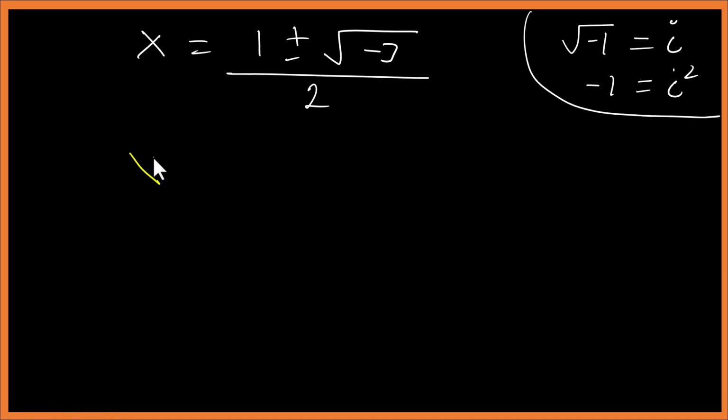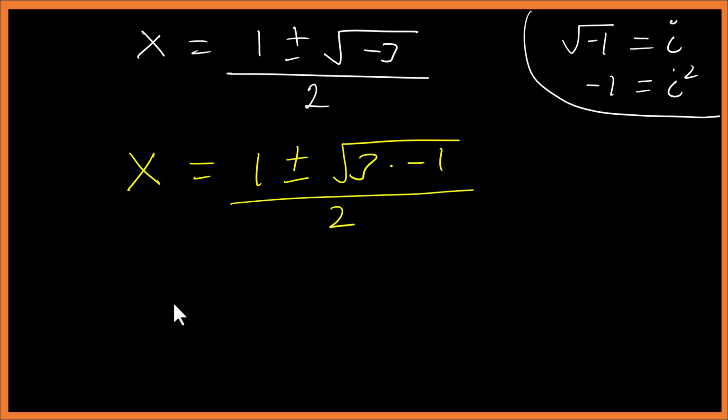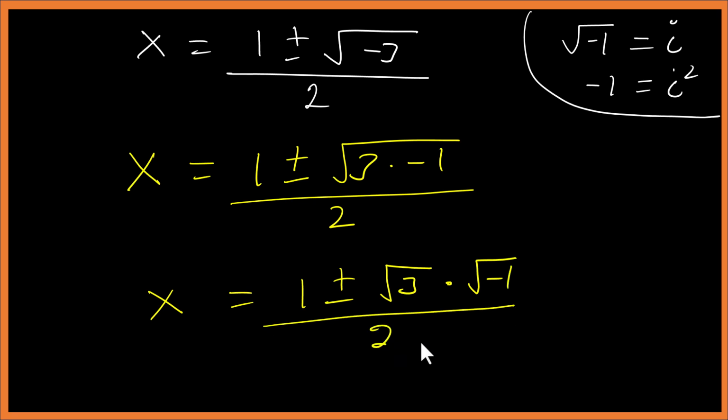So from here, we can write x equals 1 plus or minus the square root of 3 times -1, which makes this 1 plus or minus the square root of 3 times the square root of -1, over 2.